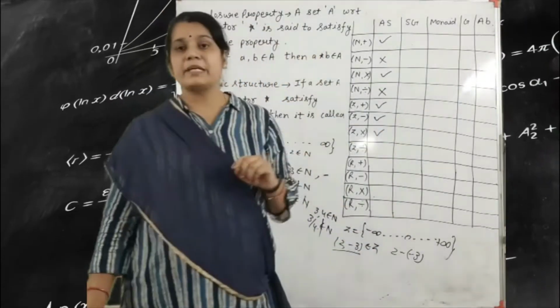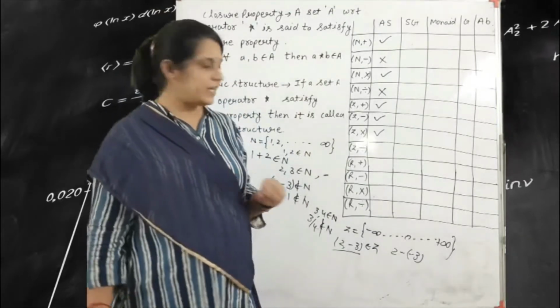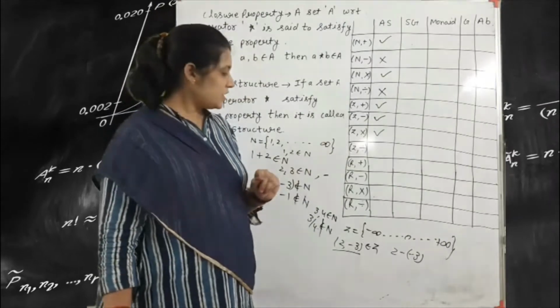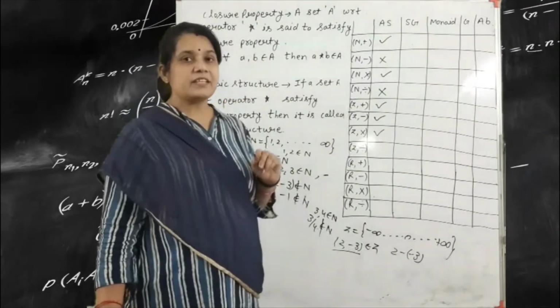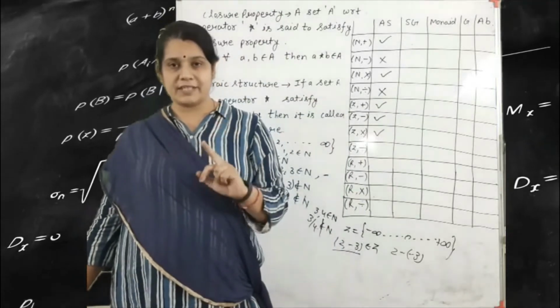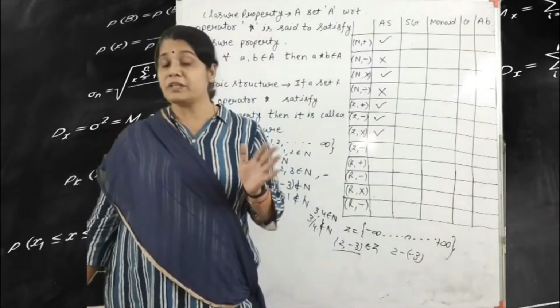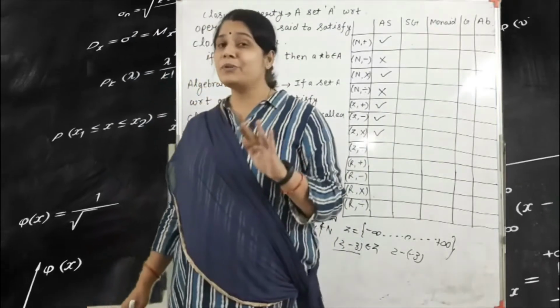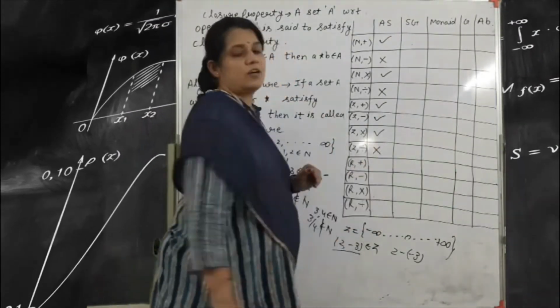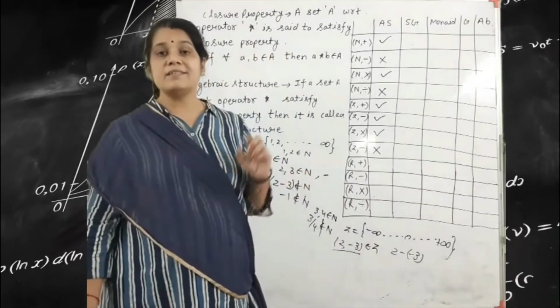an algebraic structure. Okay, next is Z and divide. So if we consider 2 and 3, does 2 divided by 3 belong to Z? No, 2 divided by 3 does not belong to Z. That means Z and divide is not an algebraic structure.